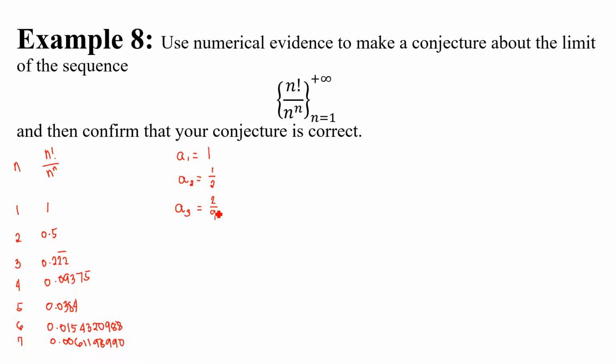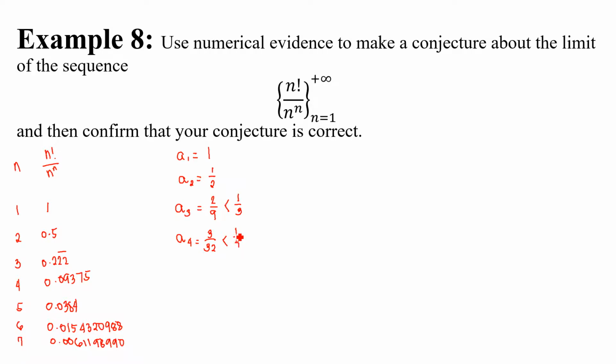In this case, 2 over 9 is less than 1/3. And then the fourth term is equal to 3 over 32, which is less than 1/4.